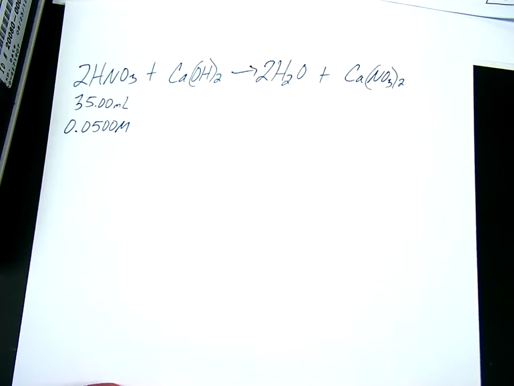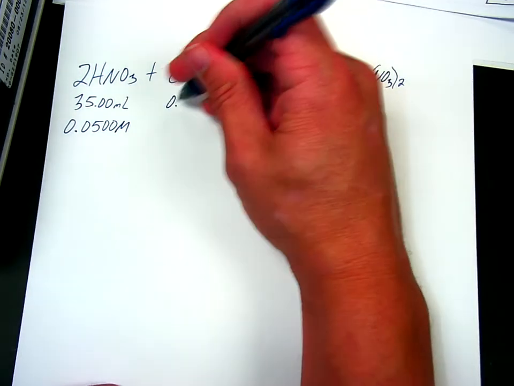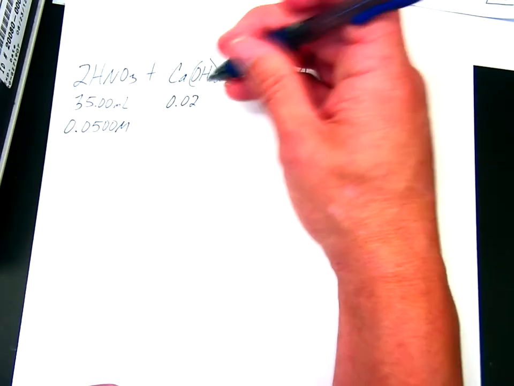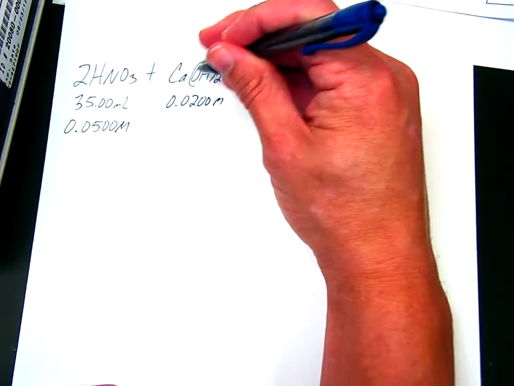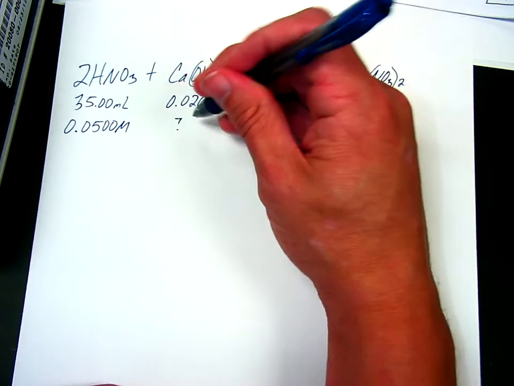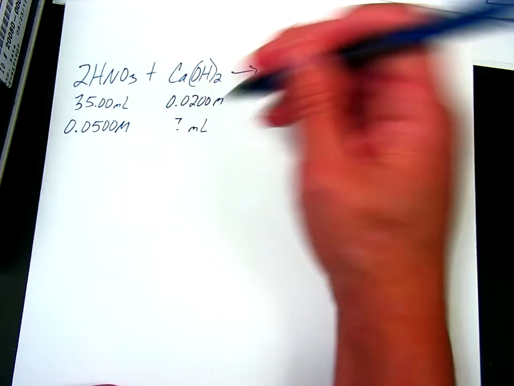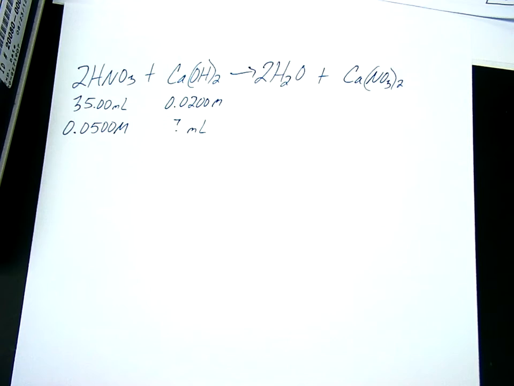And then for the calcium hydroxide, it just tells me that we are sitting at 0.02 molar. And we're trying to figure out what volume. How many milliliters is what the question wants to know.